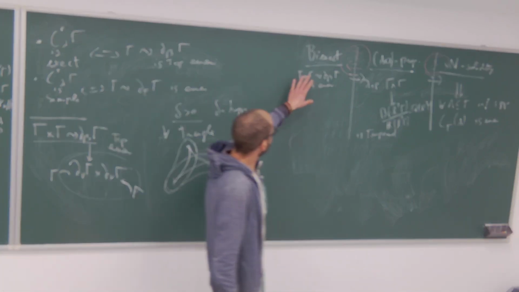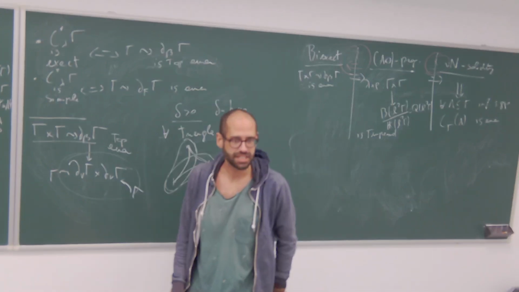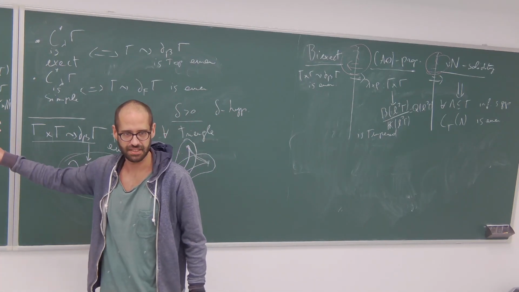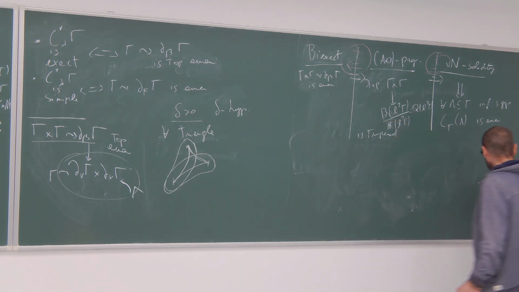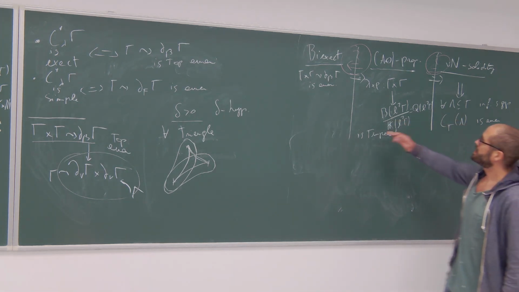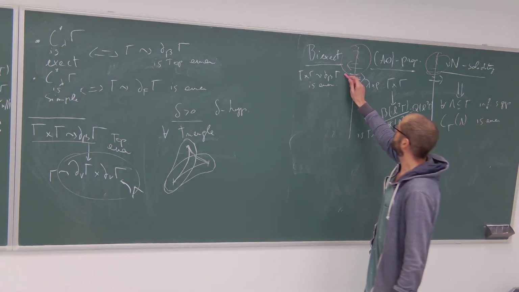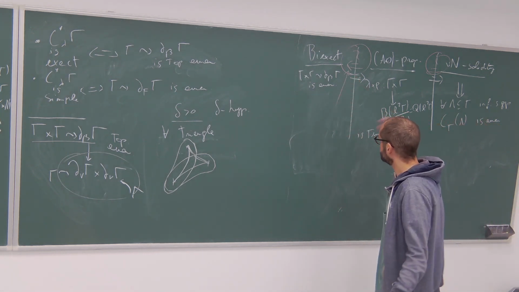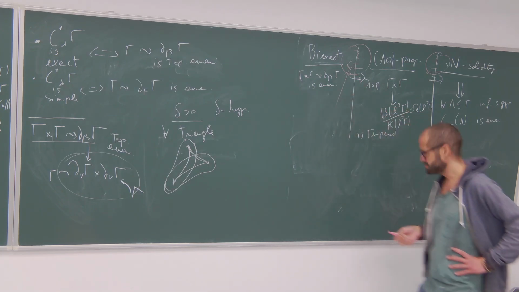Now, bi-exactness is the fact that this action is topologically amenable, in the sense that I defined here. So what I wanted to understand is whether some of these arrows can be reversed. And in particular, during the last 2 or 3 years, one of my interests was in understanding this part.